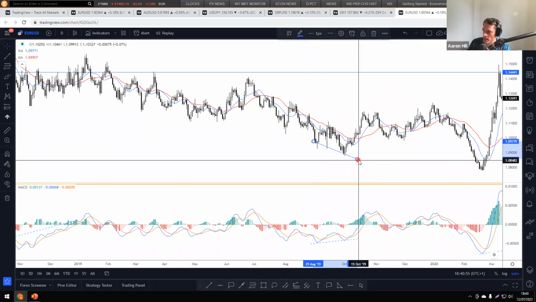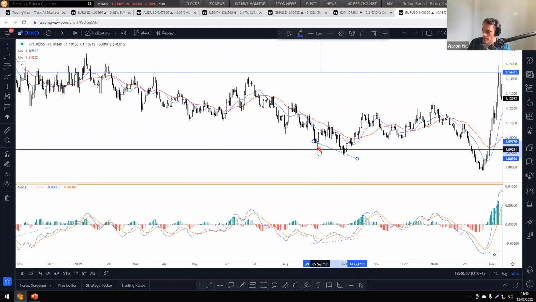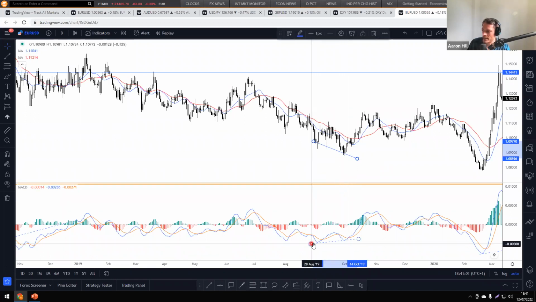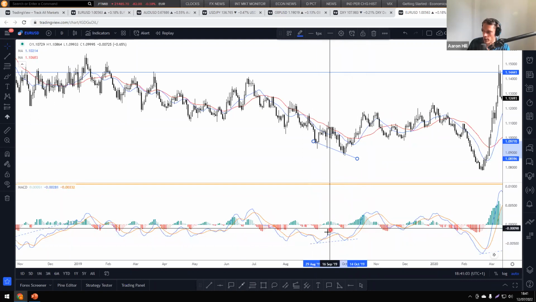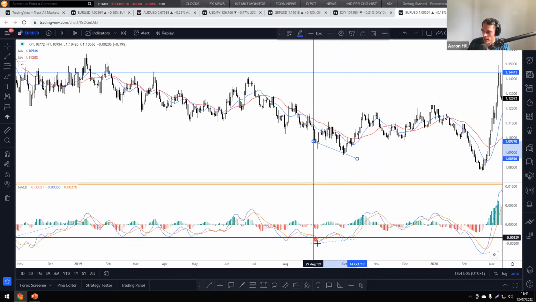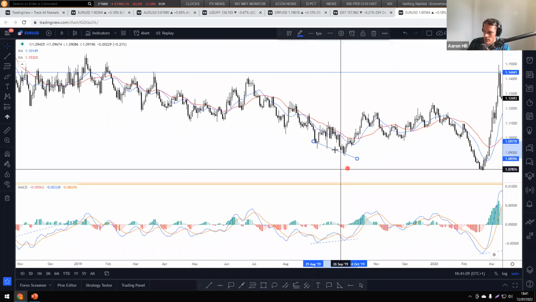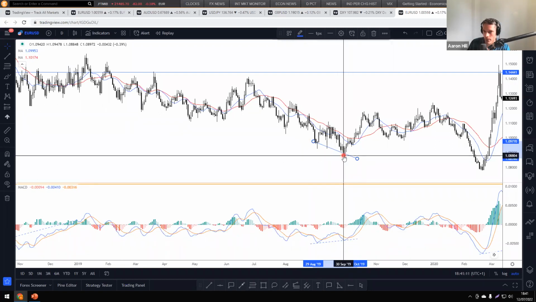So we join up the lows to find out if we had a drop to the downside that was not confirmed on the indicator. As you can see, it was not. We had a low, we had a higher high, then we had a higher low. At a time, we had a lower low.